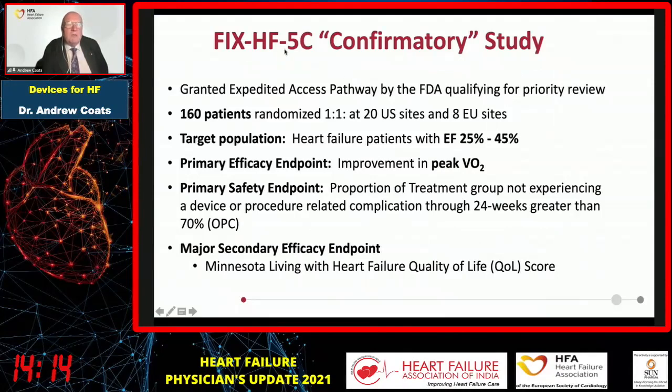Subsequently, there was what's called the FIX-HF-5C confirmatory study, and that was granted expedited access pathway designation by the FDA. It randomized 160 patients at US and EU sites, patients with ejection fractions between 25 and 45%, because previous studies suggested the benefits were greater when there's some relative preservation of left ventricular function, with the primary efficacy endpoint being increase in peak VO2.